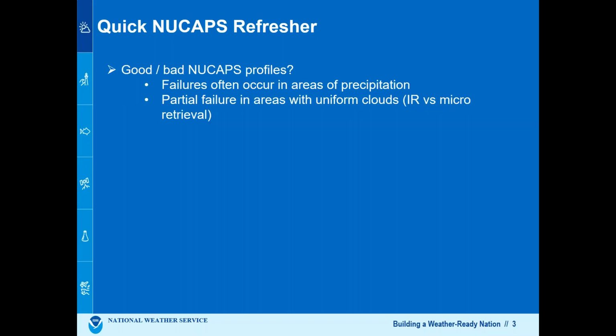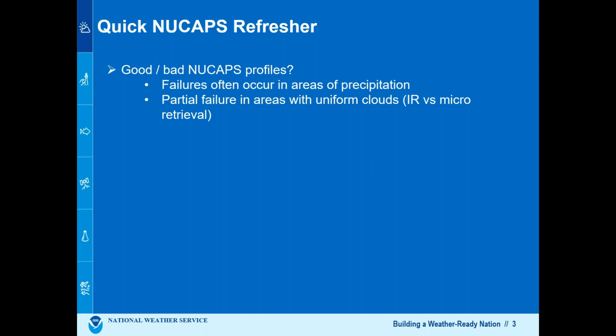So how about the good versus bad NUCAPS data? Like I mentioned just the slide before, NUCAPS data is a combination of infrared and microwave retrievals, so there are some potential points of failure. The infrared data can see some bad retrievals depending on uniform cloud cover.